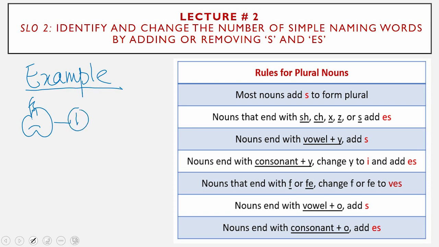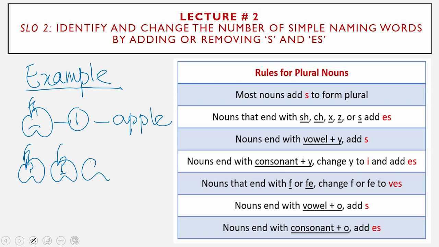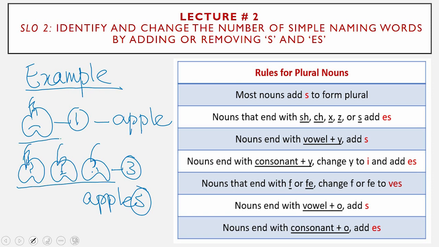One apple is written as apple, but when we have more than one apple, we write apples. We add this S to show that the apples are more than one.